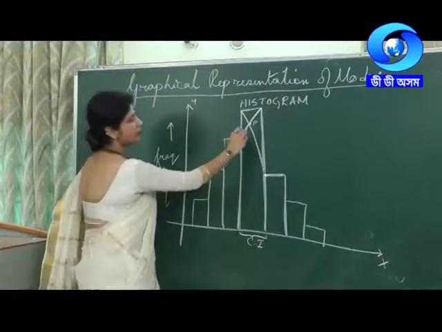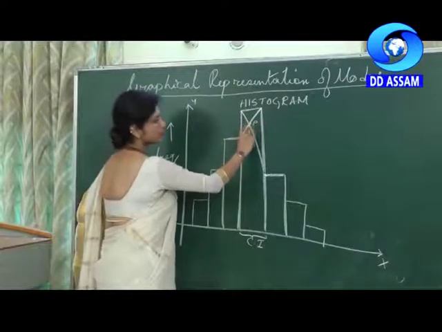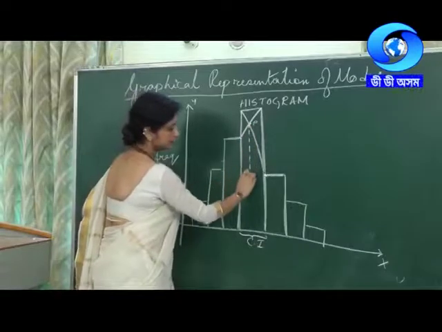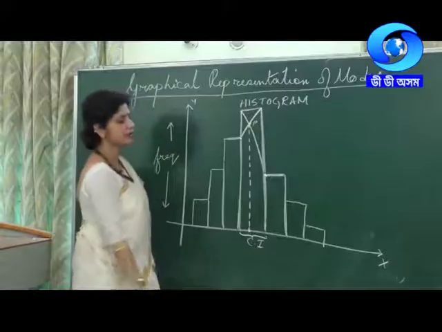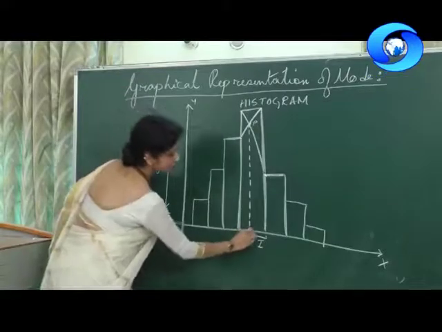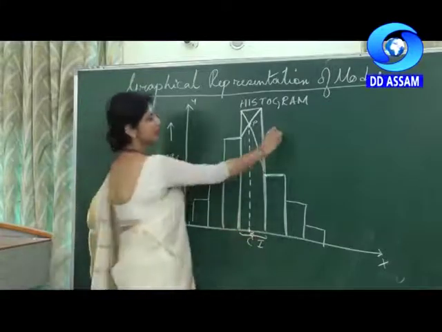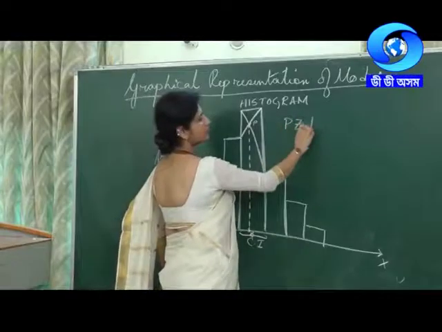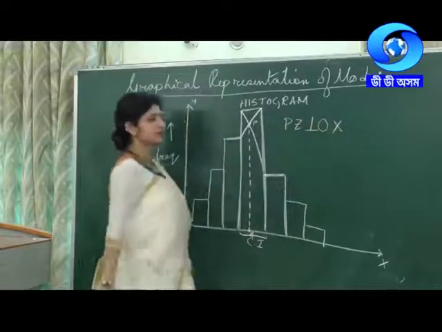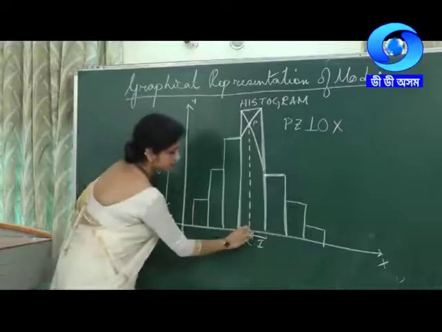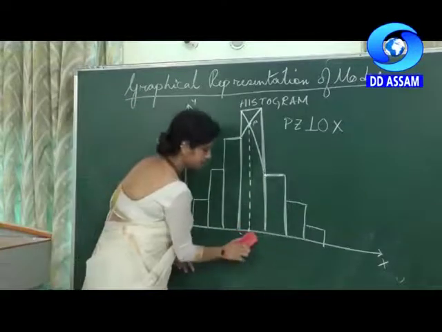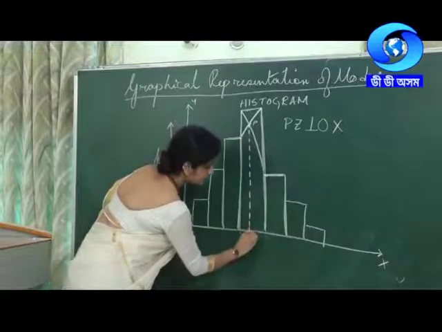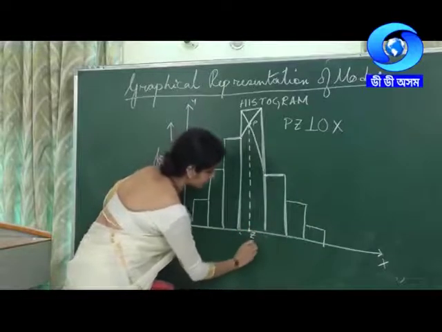All right. From point P we will drop a perpendicular to the x-axis. Supposing this is point Z. All right. PZ perpendicular to OX is drawn. This Z lies on the X axis.